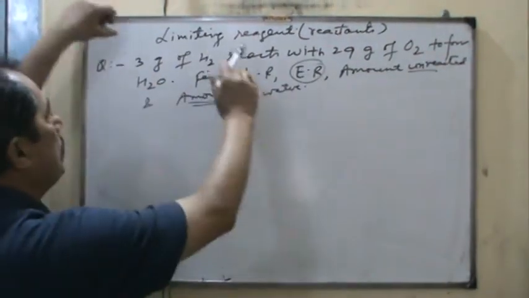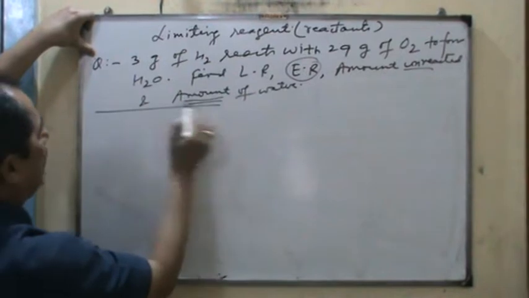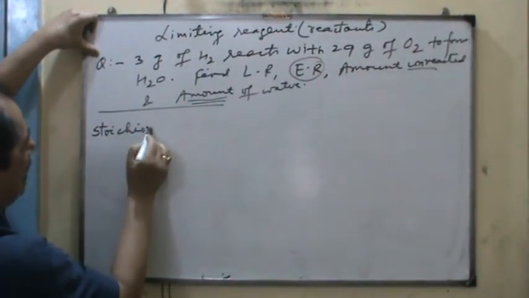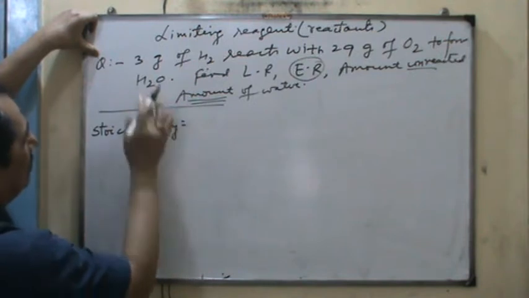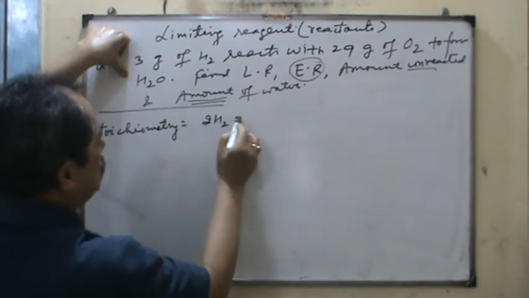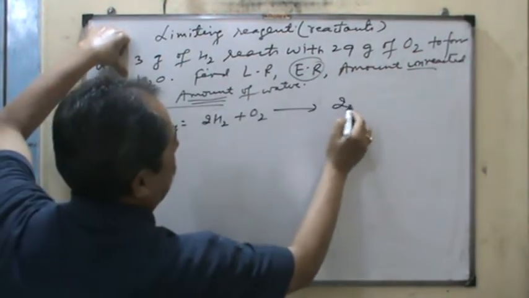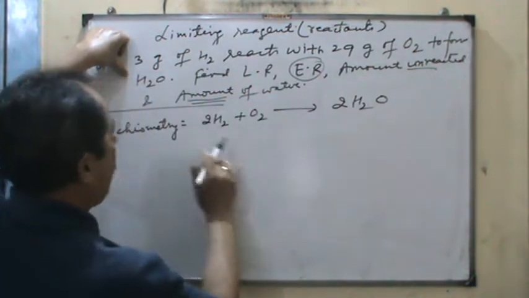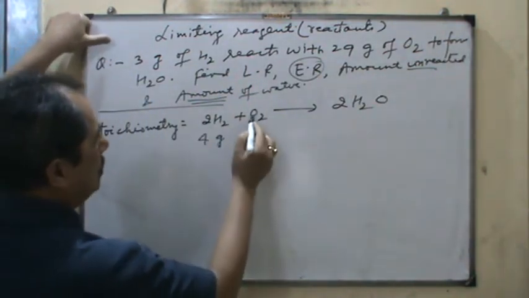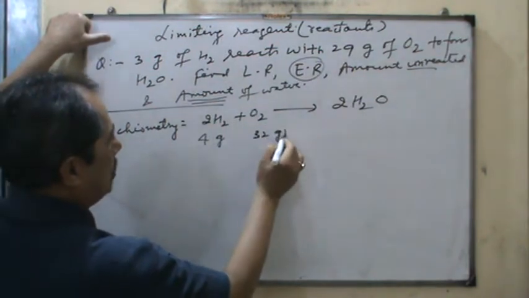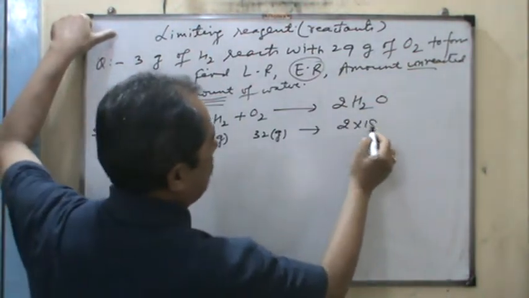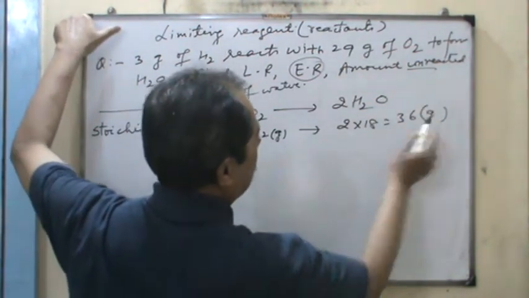The stoichiometry reaction is 2H2 plus O2 gives 2H2O. So 4 gram of H2, 32 gram of O2 to produce 2 into 18 gram of water.